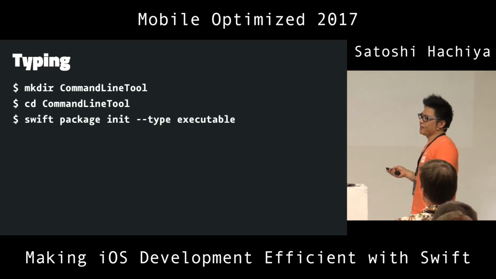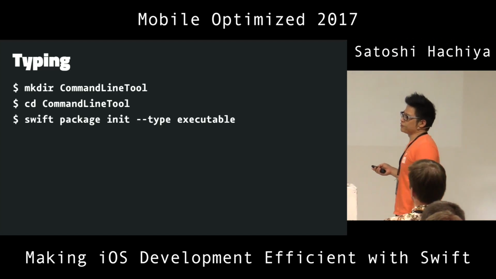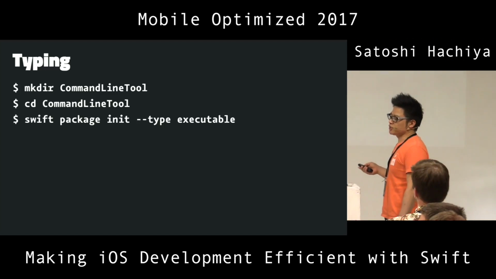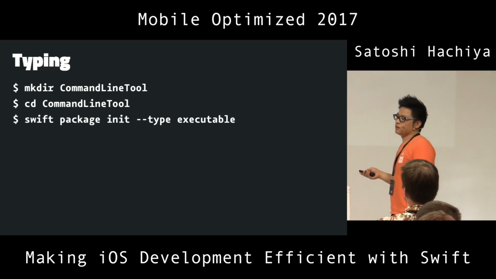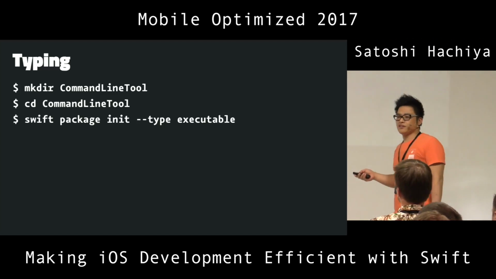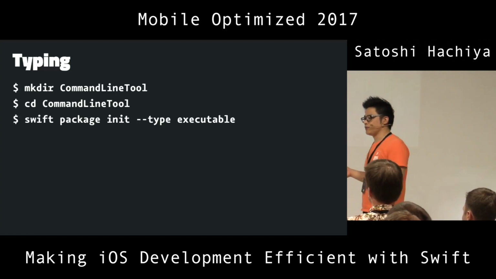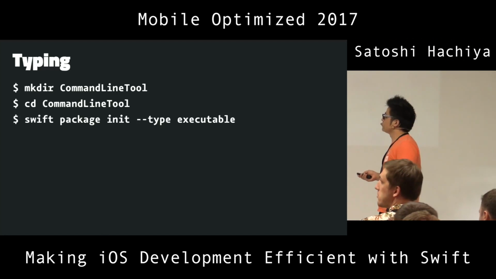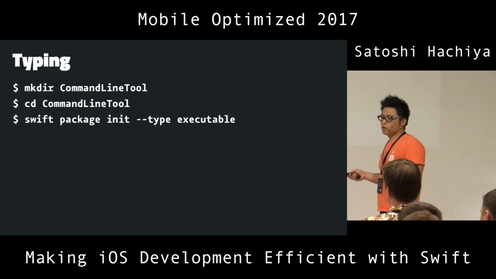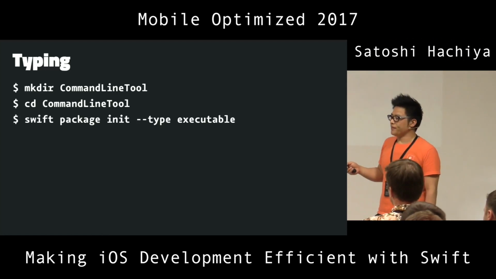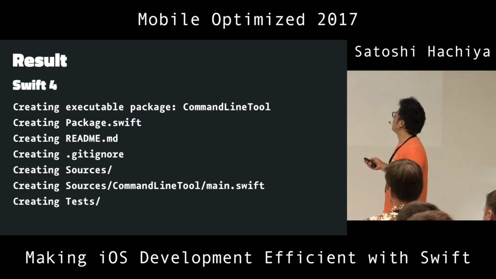I explain how to create a command line tool via the Swift Package Manager. Using the Swift Package Manager, we can create useful tools with Swift. First, make a directory for the new package, for example, command line tool.